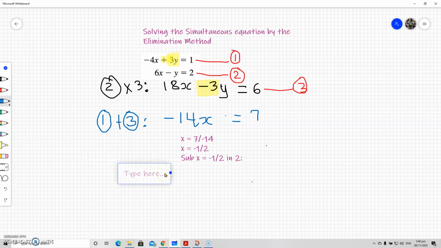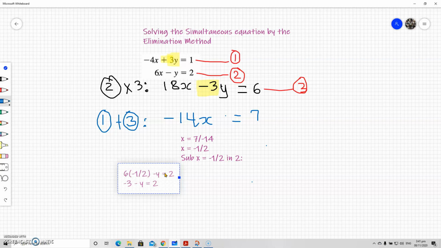So I get 6 times minus a half, minus y, equals 2. 6 times minus a half is minus 3. And minus 3 minus y equals 2.